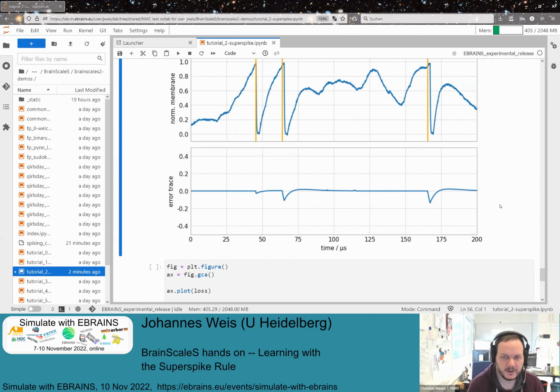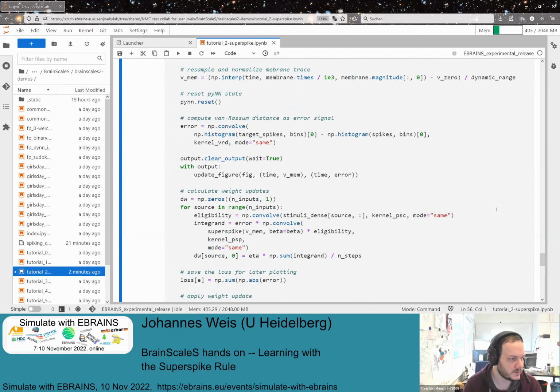But in the future, this will probably change when we have better support for specifying specific points in time, so that you can, for example, after 200 milliseconds, also change the membrane leakage voltage or something like this.